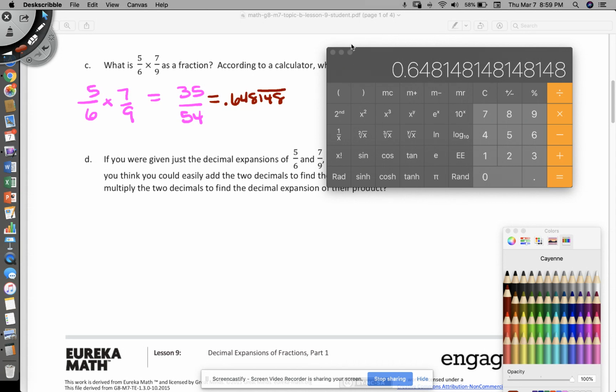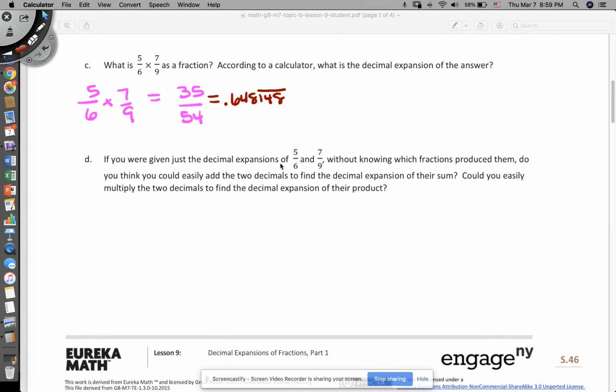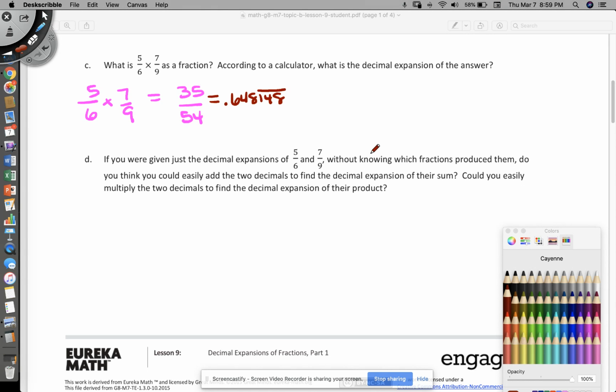Now this one says, if you were given the decimal expansions of those two fractions, knowing the fractions produced them, do you think you could easily add the two decimals together to find their sum? Could you easily multiply these two fractions together to find their product?